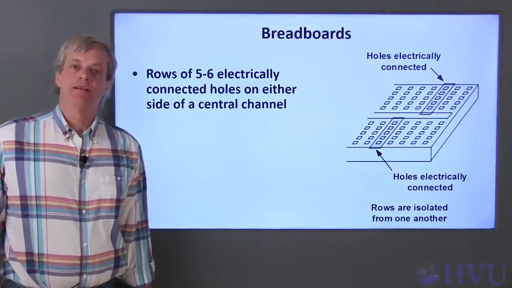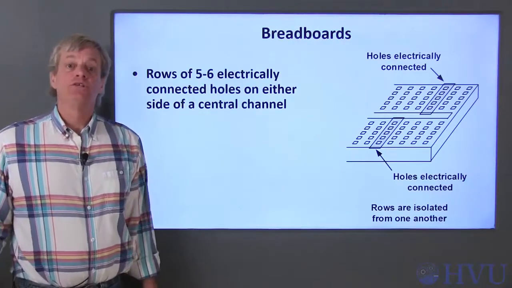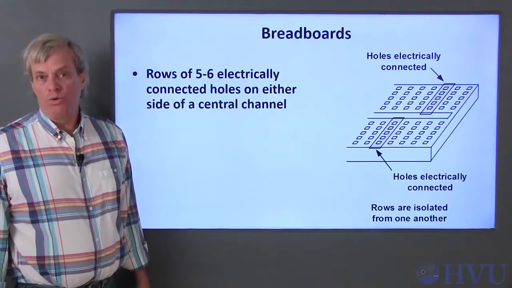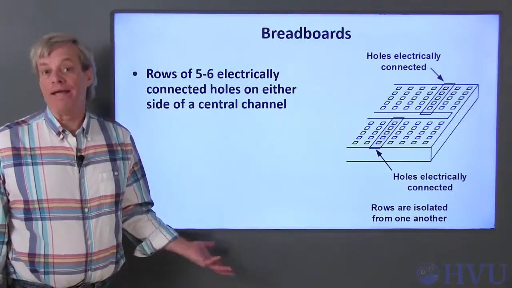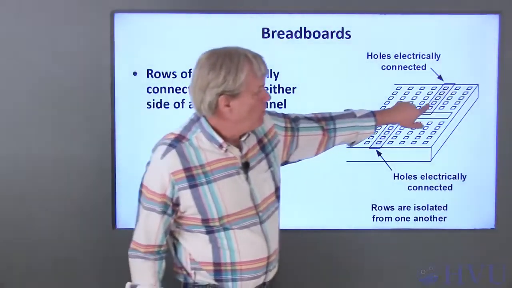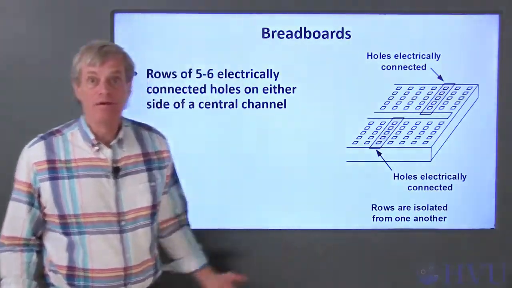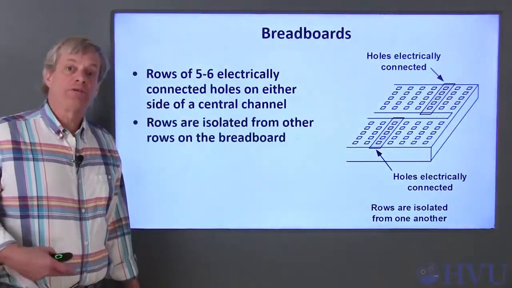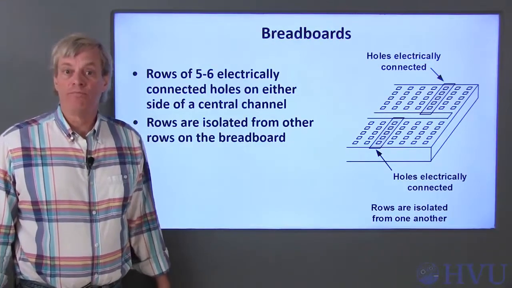Now we need to identify where the nodes on our schematic will be on the breadboard. To do this, we need to understand how the holes in a breadboard are connected. A typical breadboard is a large white plastic component with rows of holes in it. Each row will consist of 5 or 6 holes, which are electrically connected. Each row is electrically isolated from any other row of holes on the breadboard.